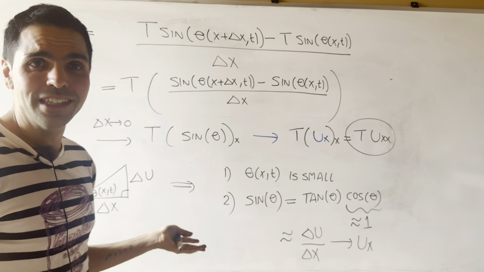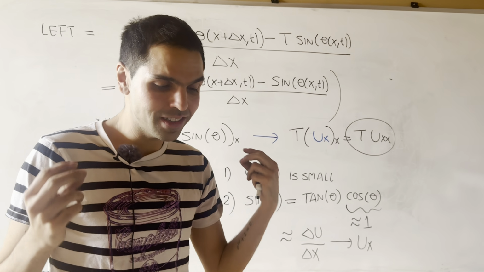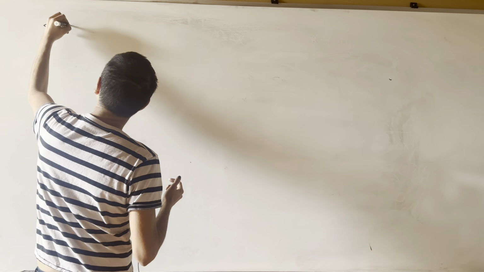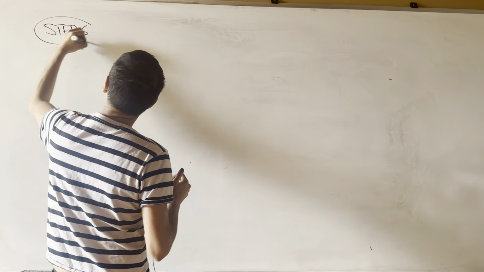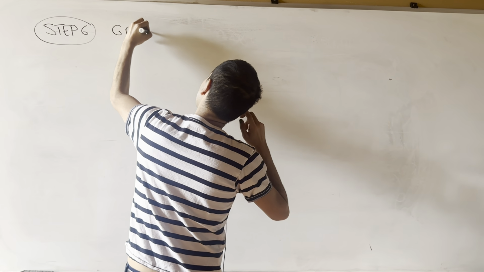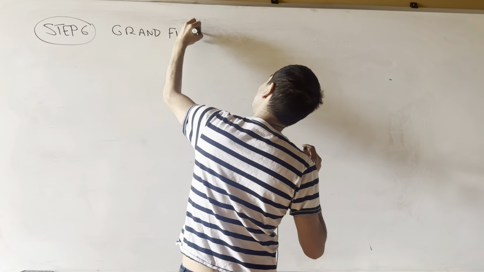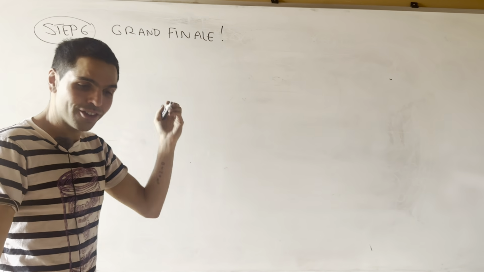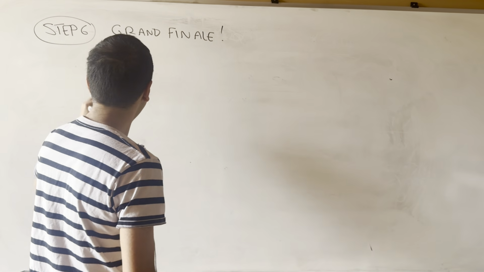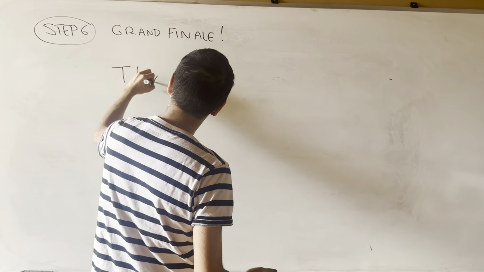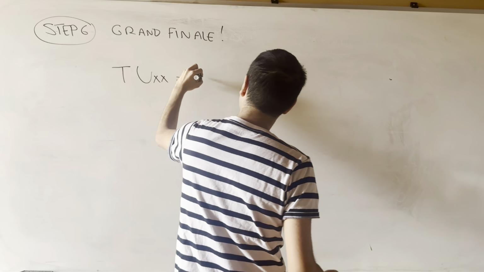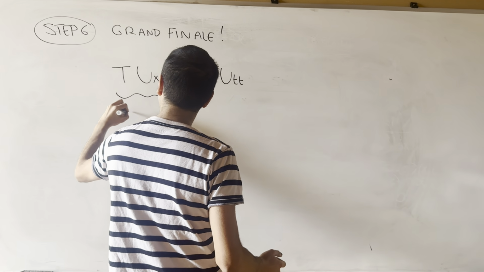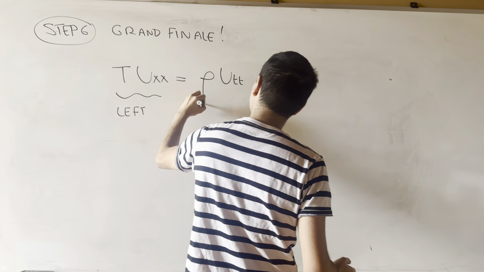And now all we need to do is to combine both parts as a grand finale. So step 6. Grand finale. Woohoo! So remember, left was equal to right, but left was T u_xx, and right became rho u_tt. So left equals right.